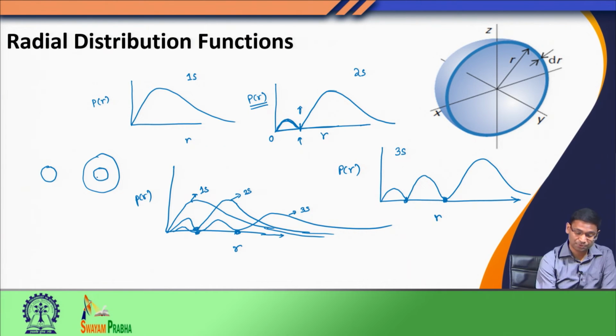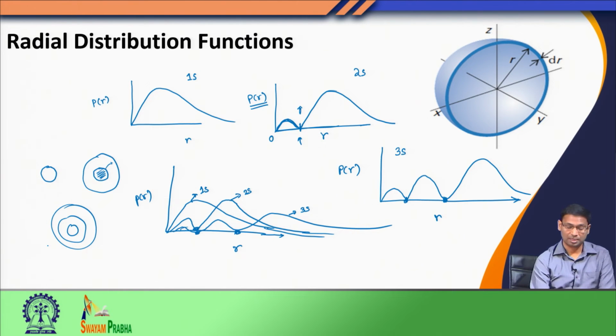So, there will be a sphere, that means the probability distribution is in this region, and then I will have a node, that means there is no probability for the electron to be found, and then again I will have some more probability distribution after this node. In the case of 3s, I have a sphere inside a sphere inside a sphere. That means I have 2 radial nodes and the electrons are diffused farther and farther away from the nucleus. So, we looked at this radial distribution function.